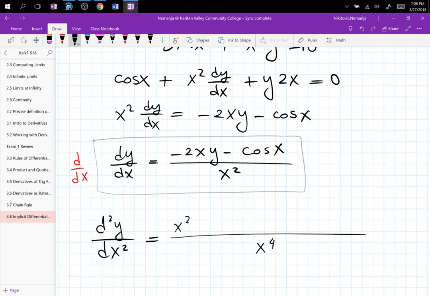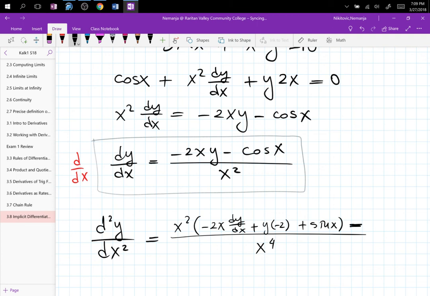We put x squared here and then times the derivative of the top in parentheses. And yes, we have another product rule. So copy the first, derivative of the second is dy dx, plus copy the second, which is y, times negative 2. Derivative of cosine is negative sine, so we have plus sine x. And that's just the first part.